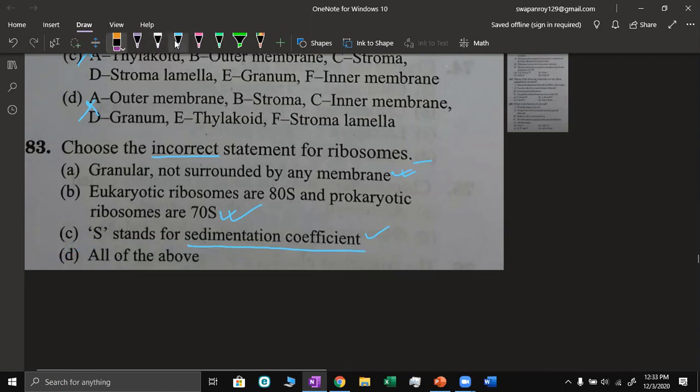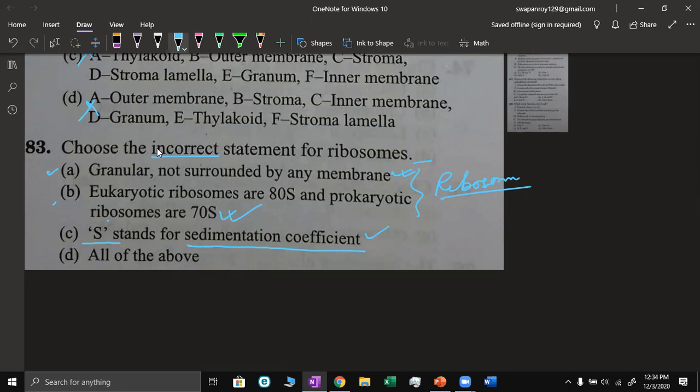See, these are describing the ribosome. These two statements A and B are describing the ribosome.